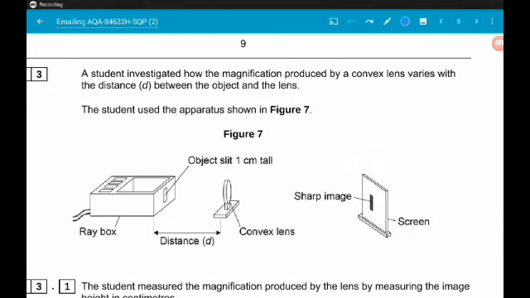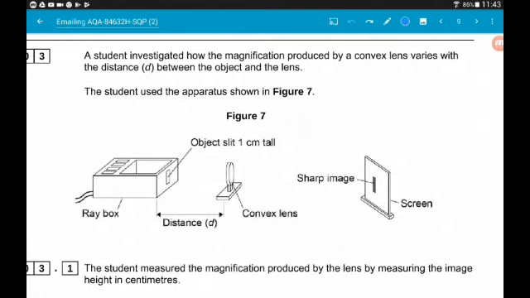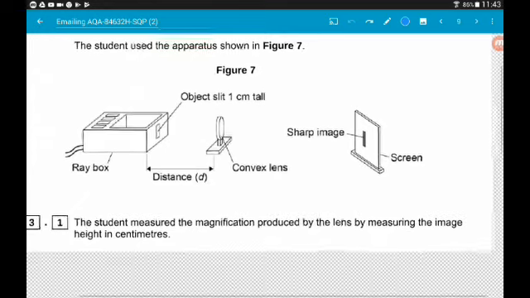Okay, question 3. So a student investigated how the magnification produced by a convex lens varies with the distance d between the object and the lens. So the student used the apparatus shown in figure 7.